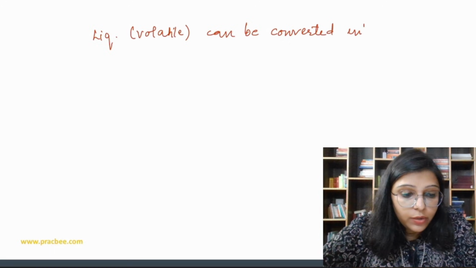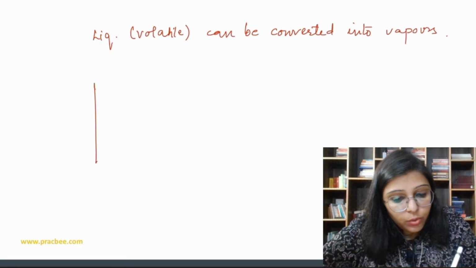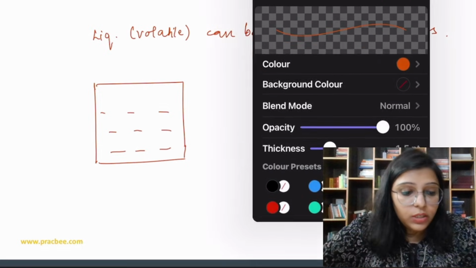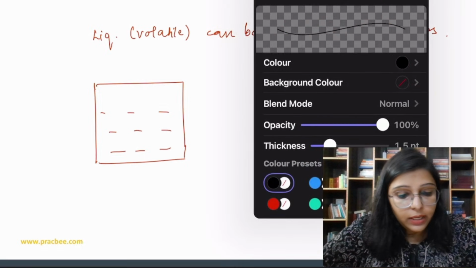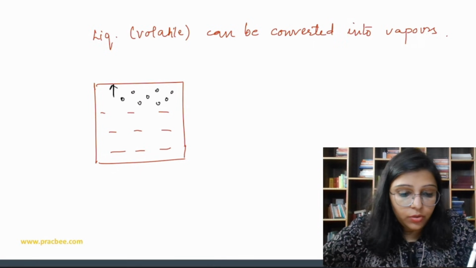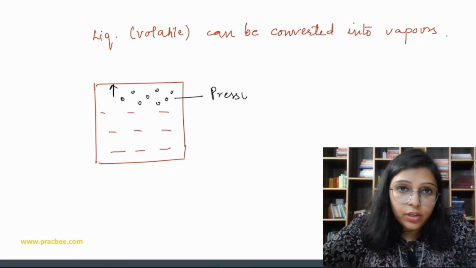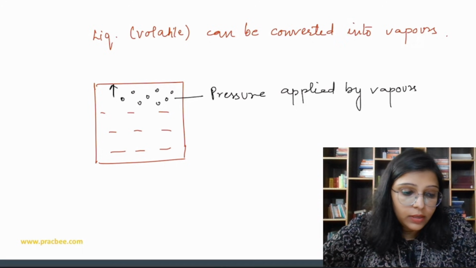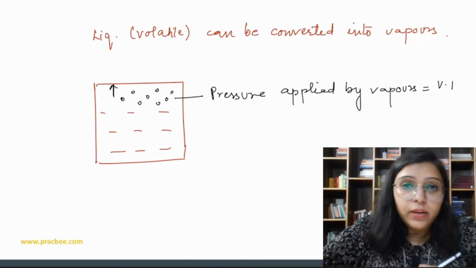If that liquid is taken in a closed container, then slowly liquid particles are converted to vapors and then they can apply pressure. So pressure applied by vapors is equal to vapor pressure, right?